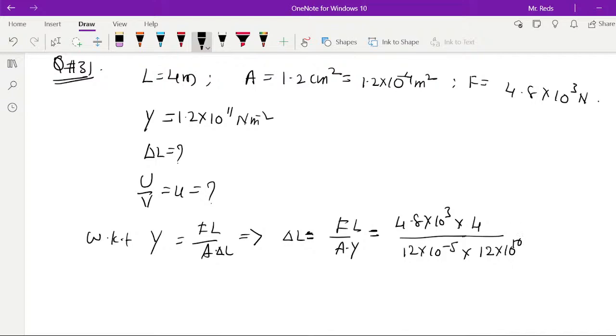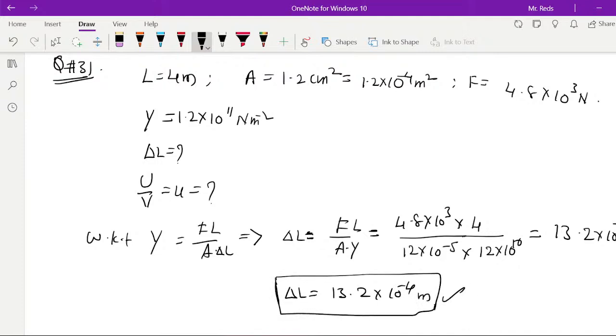On simplifying this, the increase in length in SI units is 13.2 × 10^-4 meters. We get delta L is equal to 13.2 × 10^-4 meters.